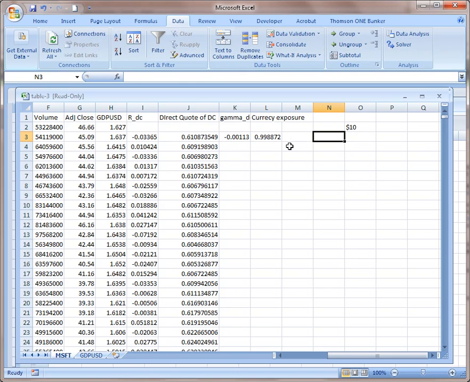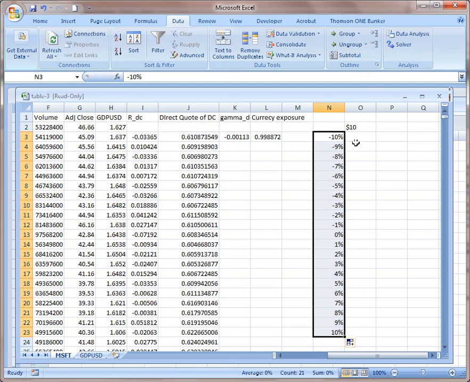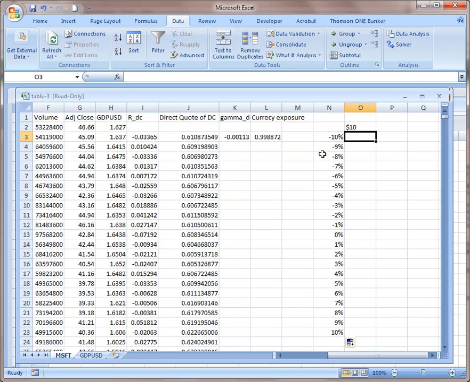If the exchange rate changes from minus 10% to positive 10%, then what will be the value, the loss or the gain from the exchange rate exposure?